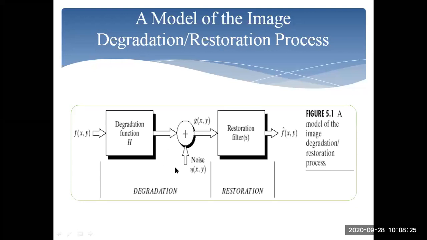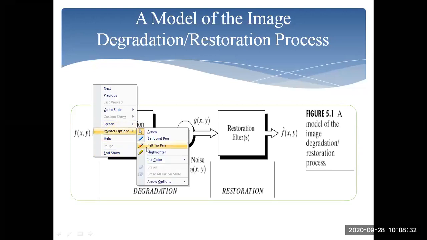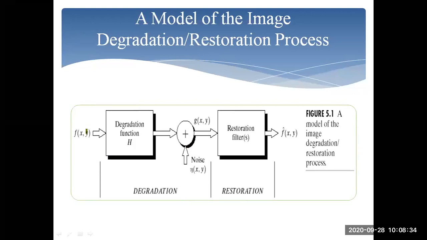So see this degradation model. Here this is my input image, and this is the degradation function h. We are operating on the image, and here is the addition of noise. Actually, this is our g of x comma y. But for simplification, we are neglecting this term. If it is 0, let us consider what is our g of x comma y.